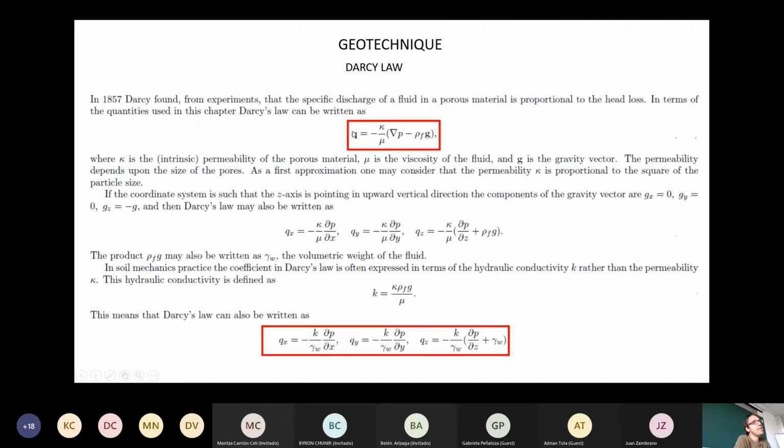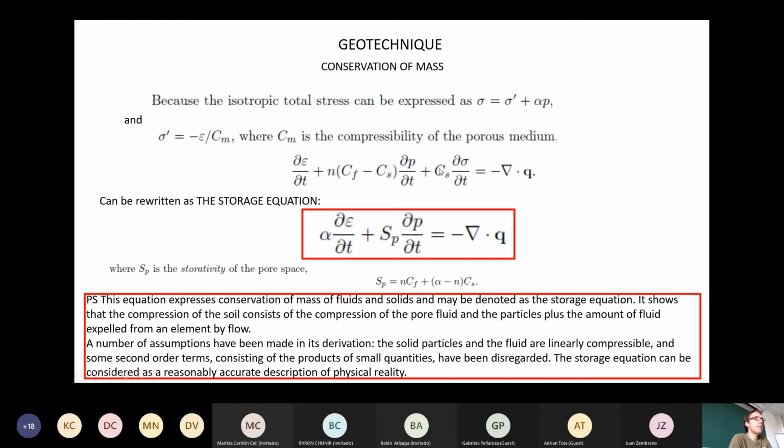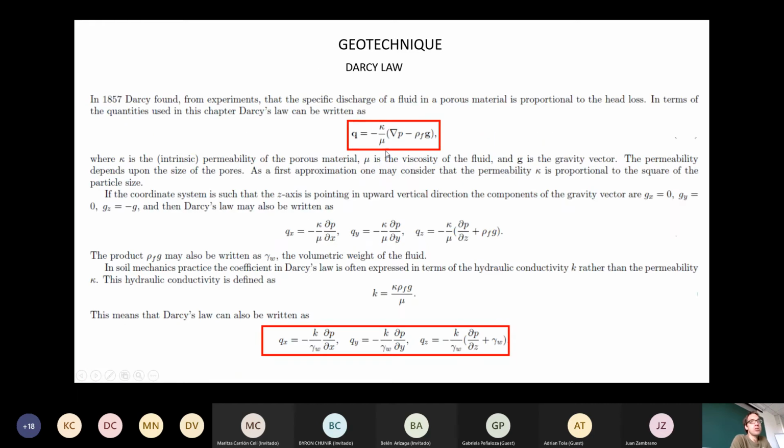So here we can see that the Q that we were talking about is definitely proportional to K, the permeability, that is intrinsic of a porous material, and the viscosity of the fluid. Plus, of course, minus the gravity vector.